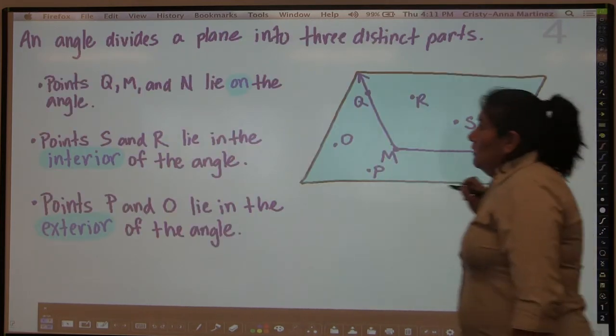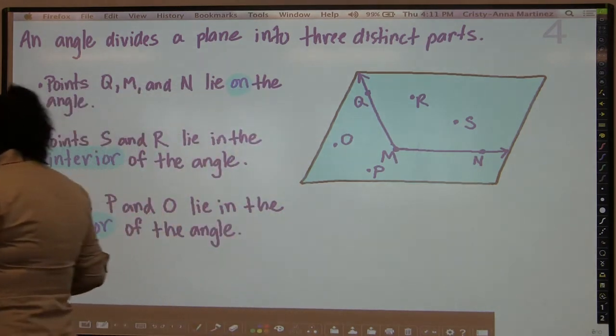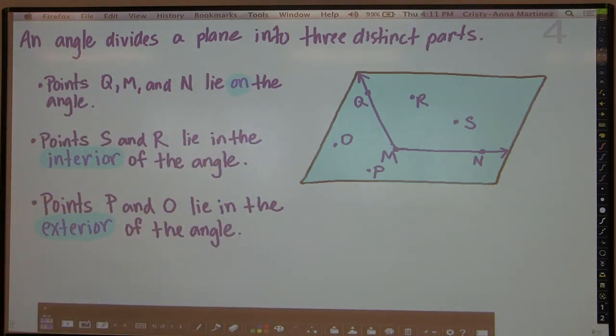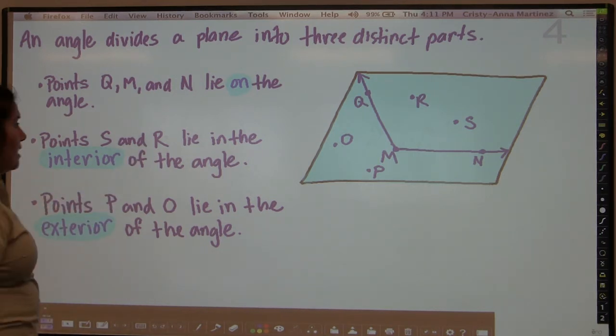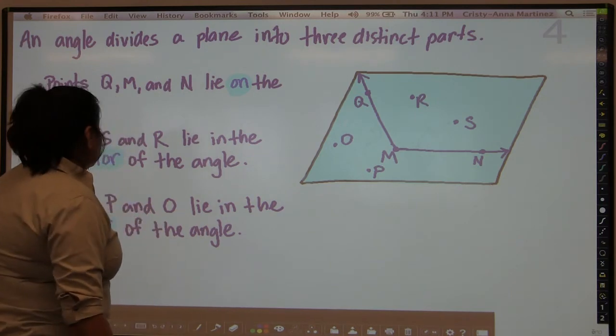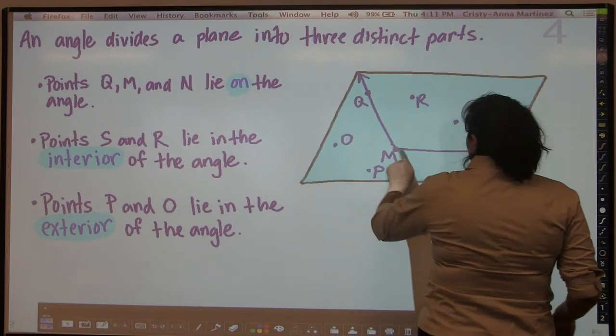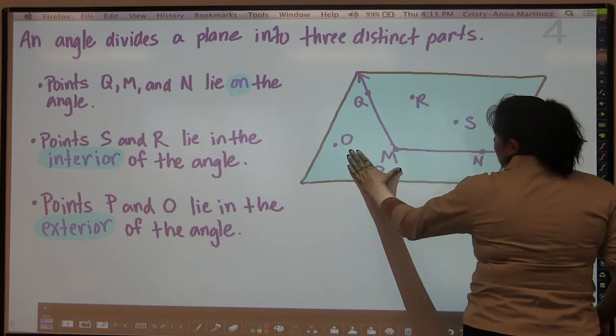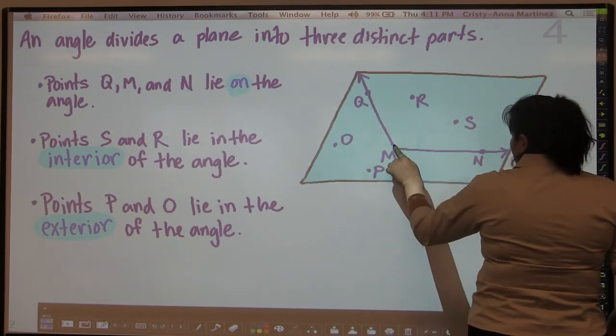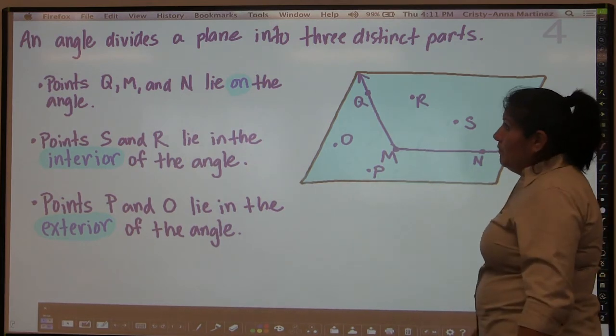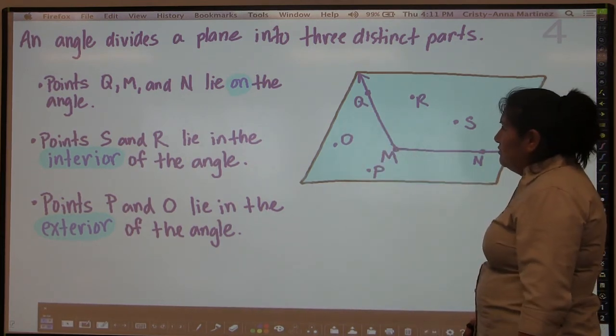All right, so now we're going to talk a little bit more about interior versus exterior of angles. An angle divides a plane into 3 distinct parts. Basically you have what we call the inside of the angle. This is my angle, this is the inside of the angle, the outside of the angle, and then of course you can be on the actual angle. So we have some examples over here.